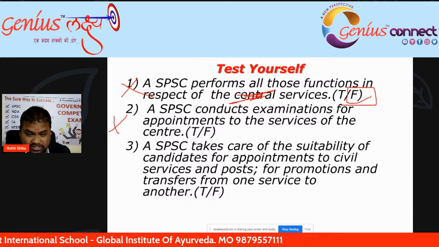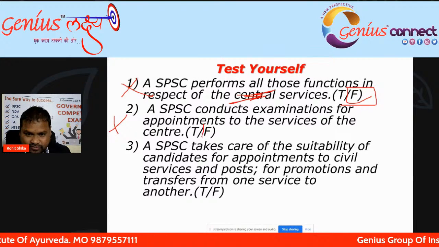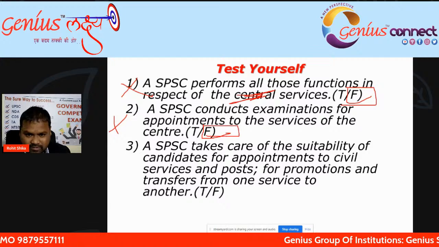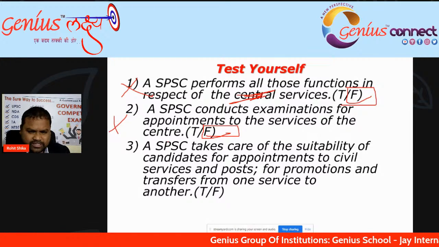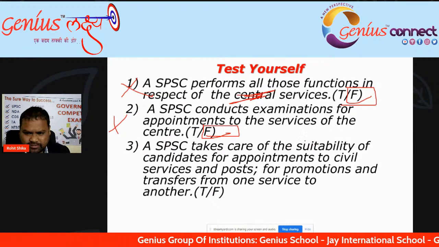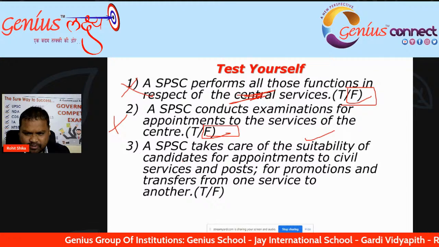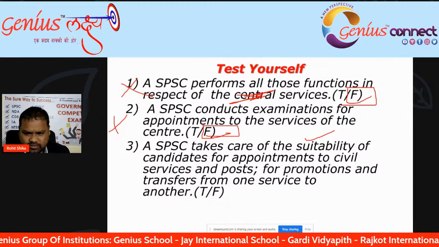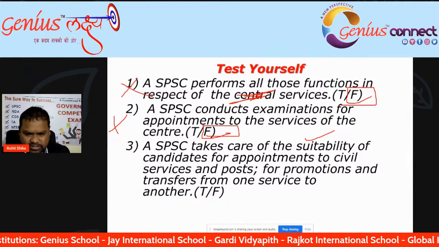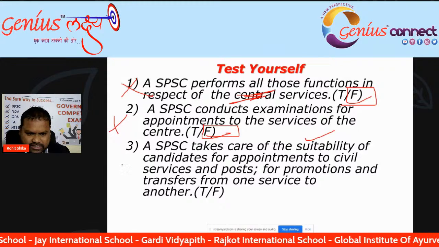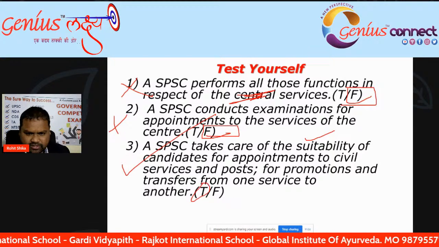No. For the center, there is UPSC, not SPSC. So again, it is false. The State Public Service Commission takes care of the suitability of the candidate for appointment to civil service posts, and promotion and transfer from one service to another. Yes, it is right. True.